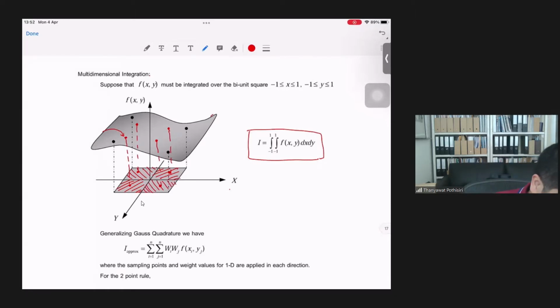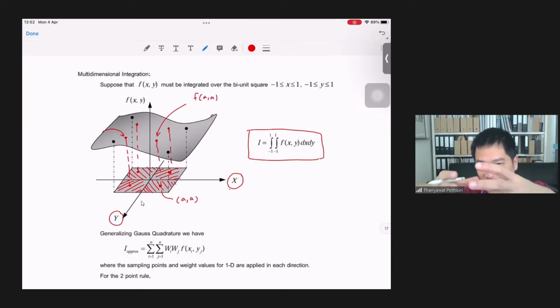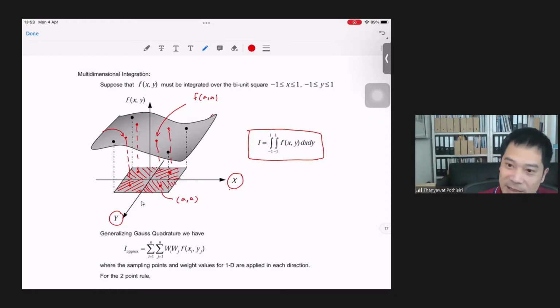So suppose this location is A, because you have the positive direction of X and Y here. At this point, I have F of A. Now, how do I compute the volume of this prism for this particular quarter?